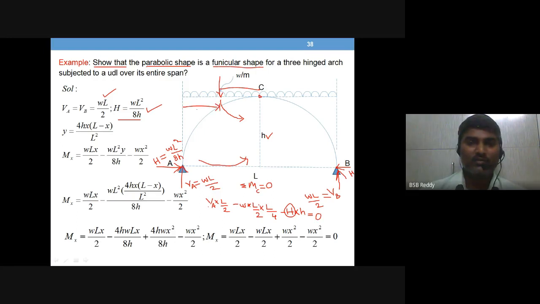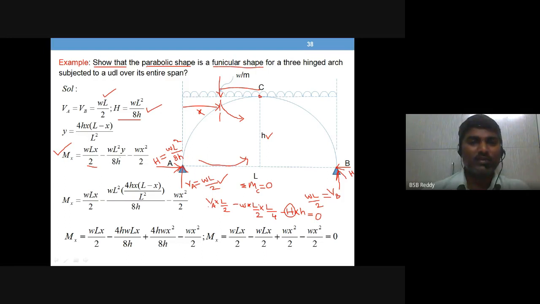Mx value. So pick a point on the arch at a distance of x and write the Mx equation. So how do you write the Mx equation? Let us see. VA into distance x is the first term. WL by 2 is the reaction VA, and the distance is x for this location.